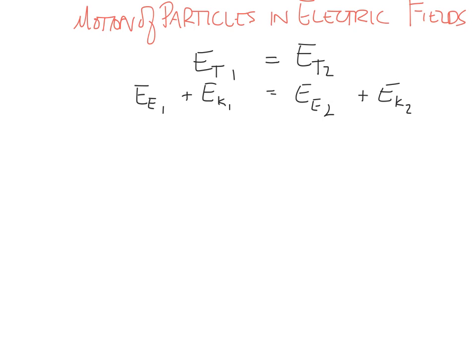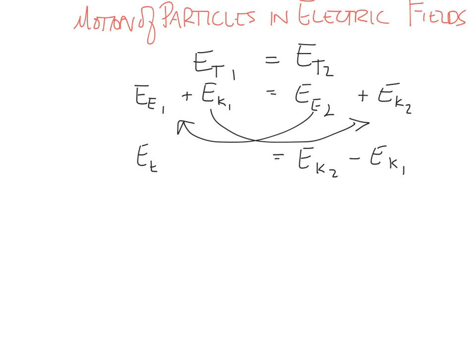But what I do want to do is manipulate this equation just a tiny little bit to show you something else here. I'm going to move these terms over to each side. And so what we end up with is an equation that looks like this: EK2 minus EK1, and I'm going to move this over here, so we're going to have EE1 minus EE2.